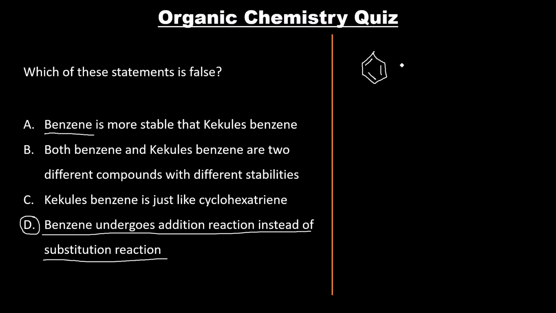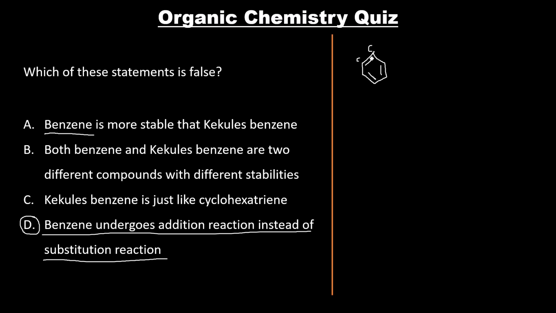But one interesting thing about the Kekule structure is that the double bond here, which has one pi bond, is actually localized according to the Kekule structure. When we say localized, what it basically means is that it is fixed between these two carbons. That's basically what the Kekule structure is trying to tell us.